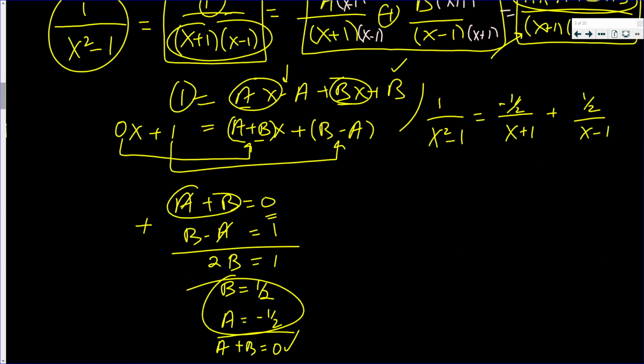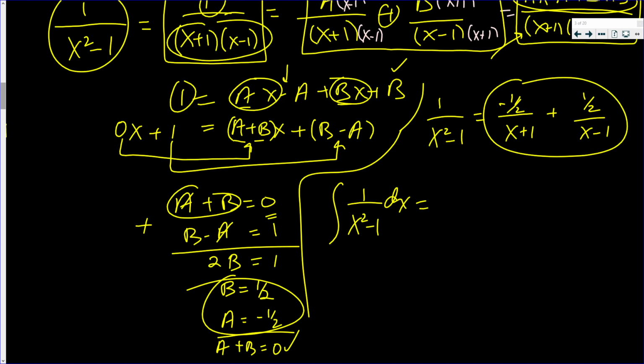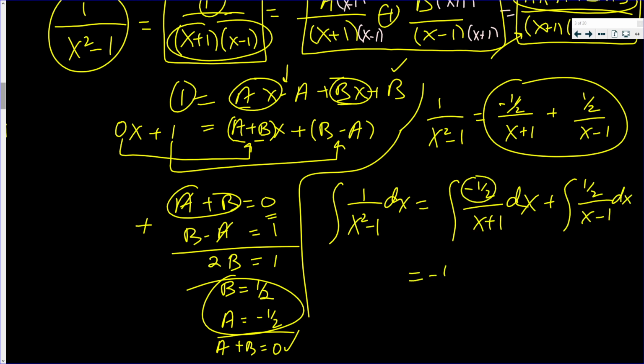Well, that's really helpful because I wanted the integral of 1 over x squared minus 1 dx. So it equals the integral of the right side. Remember, the integral of a sum is the sum of the integrals. I can take the integral of the first term plus the integral of the second term. In fact, I can pull out the constants. We have the integral of dx over x plus 1 plus the integral of dx over x minus 1.